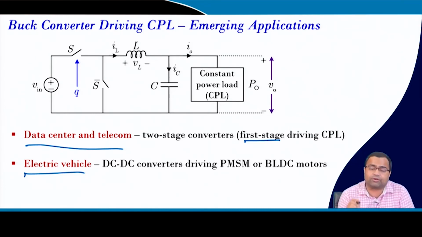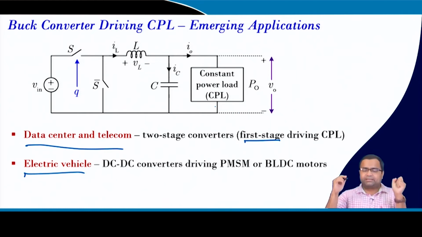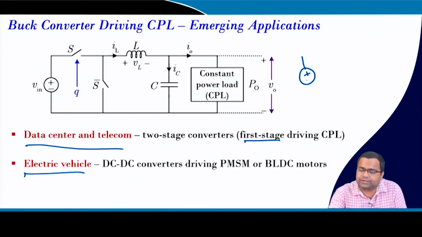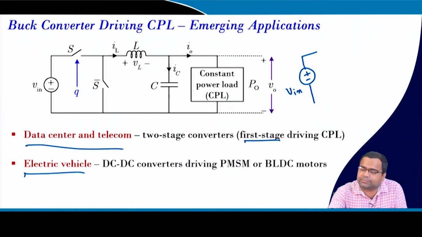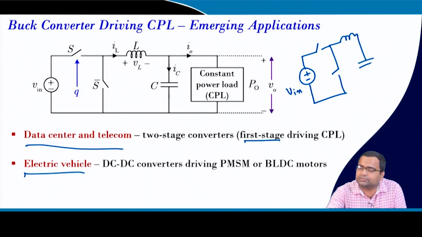This is another application where, and it is well known, the constant power load introduces an incremental negative resistance effect. That means it can be approximated like an actual buck converter. We discussed this in week 3, in one dedicated session on cascaded converters, where I showed using simulation that, suppose this is your buck converter with inductor and capacitor, the load can be approximated as minus R, the incremental resistance.